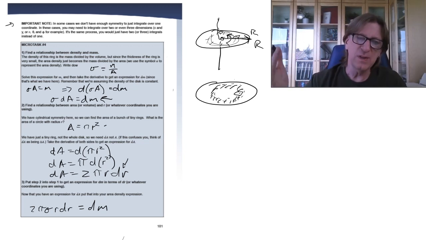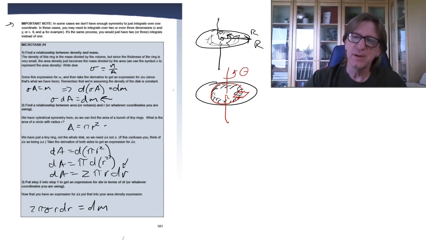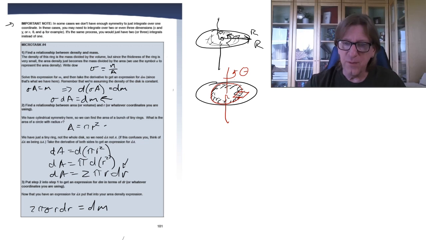One way you can think about this is we could have taken just this one little piece, and before we integrated with respect to r, we could integrate it all the way around with respect to theta. And since it's got constant density, taking that all the way around is just going to give me the mass of that one little ring. So effectively we've done an integral with respect to theta, and now we're going to do that integral with respect to r.